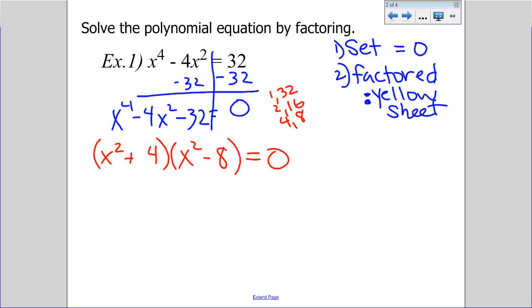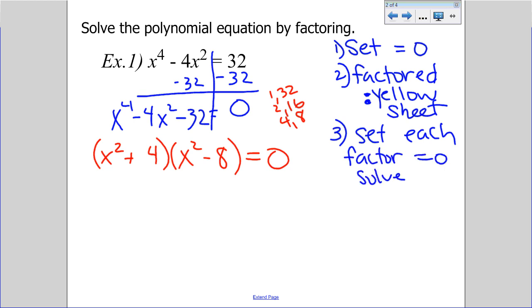But as Zena kind of baited us with, we're not done. We have to set each factor equal to 0 and solve. Just like in chapter 5, if this equals 0, then either x squared plus 4 equals 0, or x squared minus 8 equals 0.